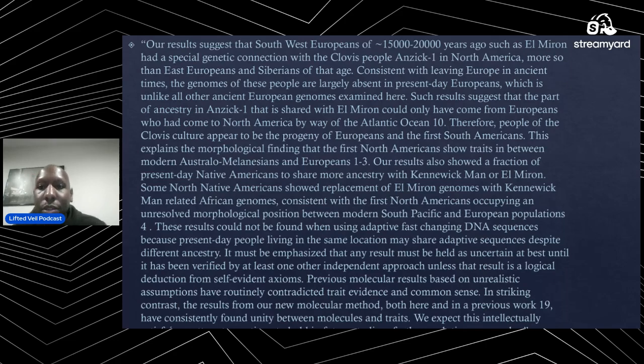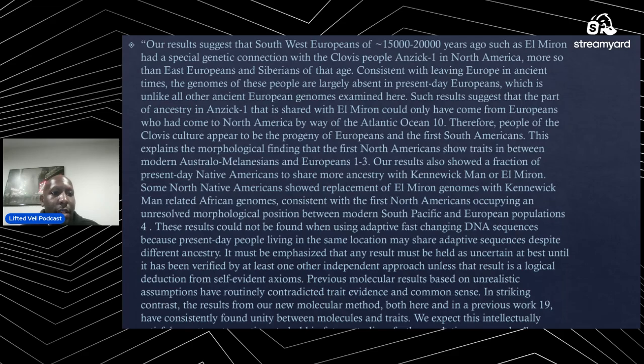But such results suggest that the part of ancestry in Anzick 1 that is shared with El Miron can only have come from Europeans who had come to North America by way of the Atlantic Ocean. Therefore, people of the Clovis culture appear to be the progeny of Europeans and the first South Americans.